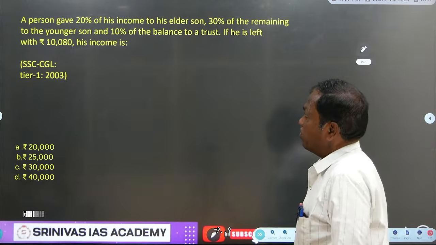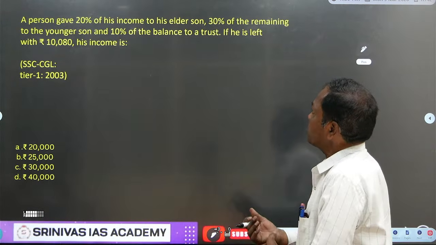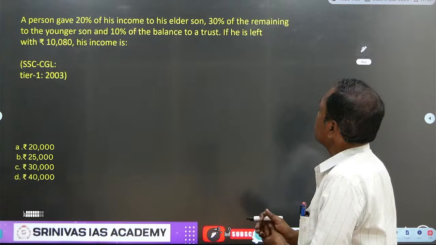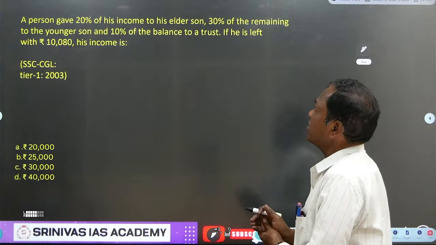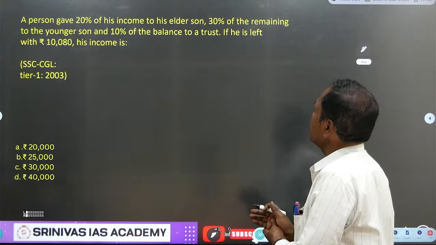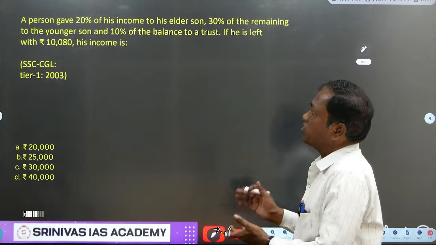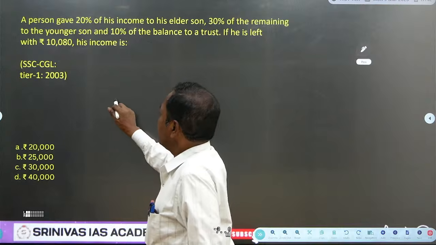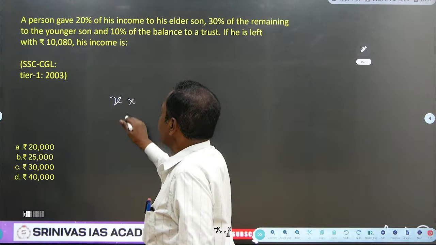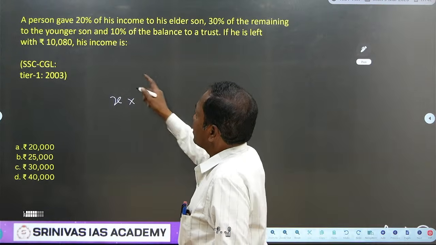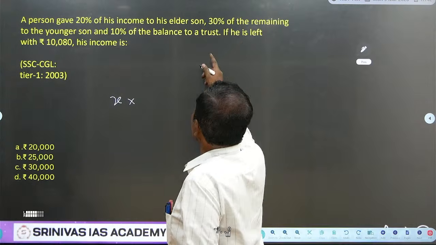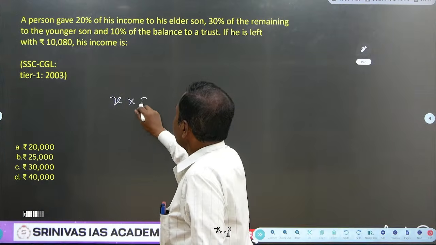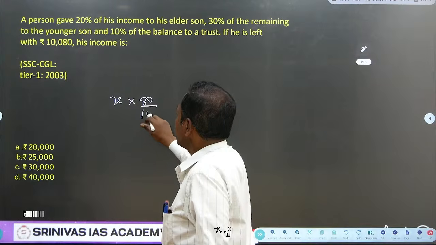Now, a person gave 20% of his income to his elder son, 30% of the remaining to the younger son, and 10% of the balance to a trust. If he is left with rupees 10,080, what is his income? His income is X. He gives 20% of income to his elder son, so he is left with 80%.